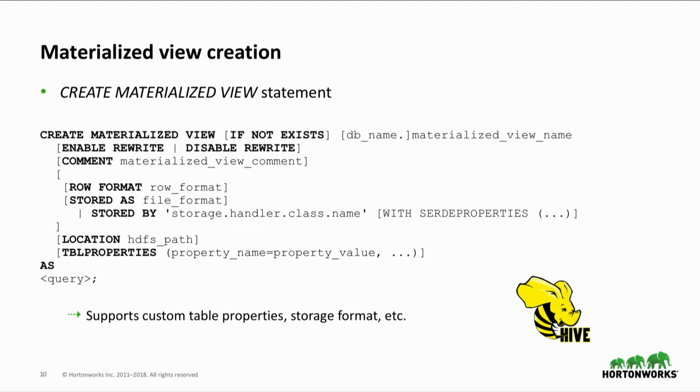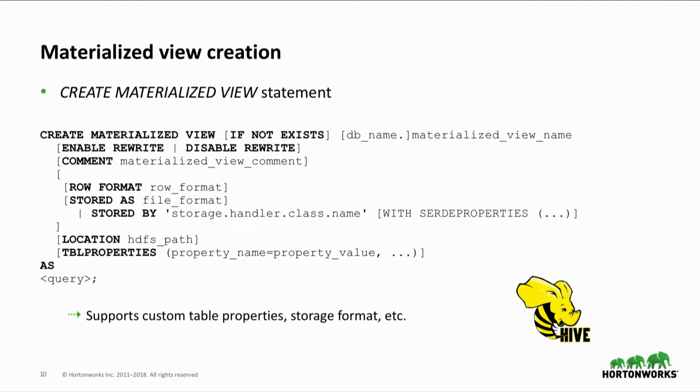That is the query that you want to execute and associate with that materialized view. You can also see in the second line, enable rewrite and disable rewrite. This is whether you want to enable this view for rewriting or not. We allow users to do this selectively per view.